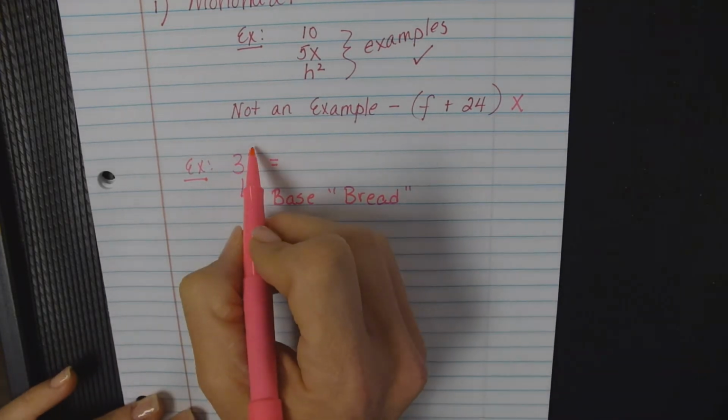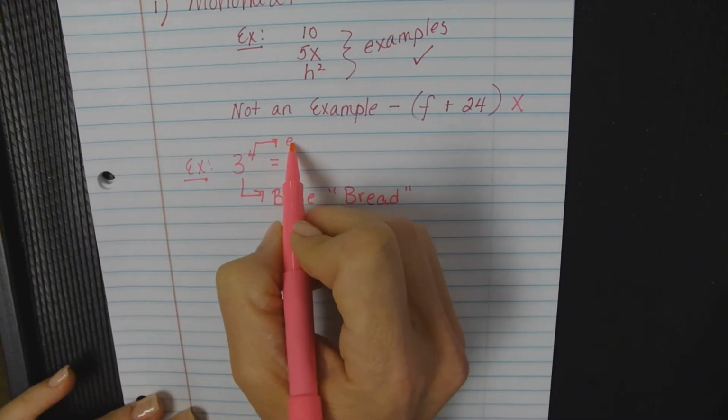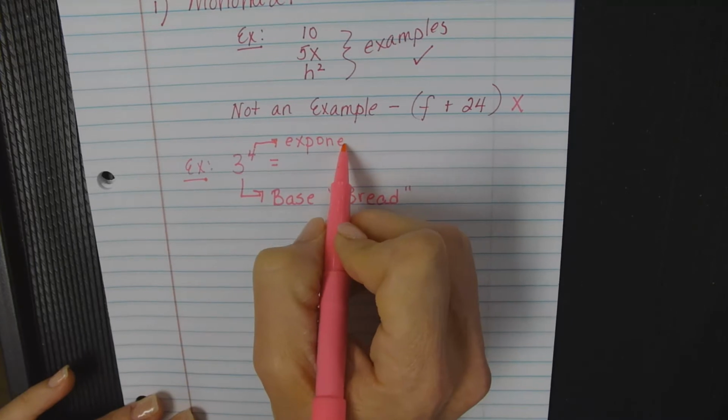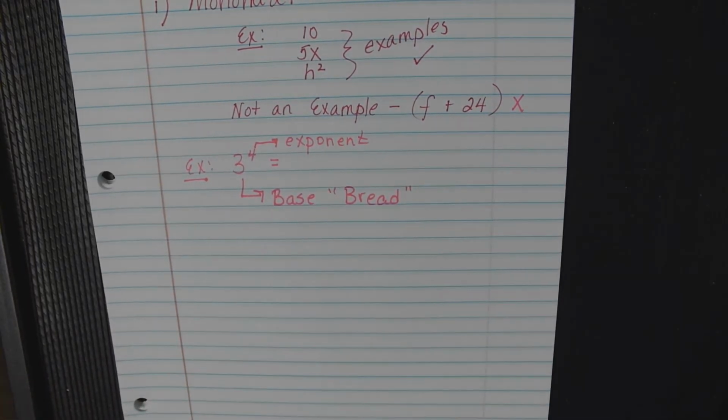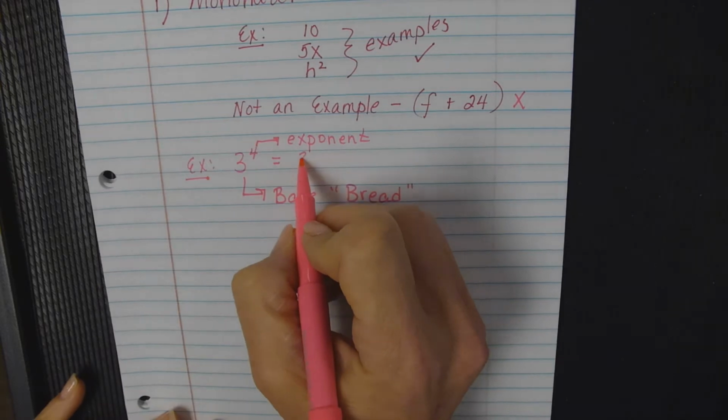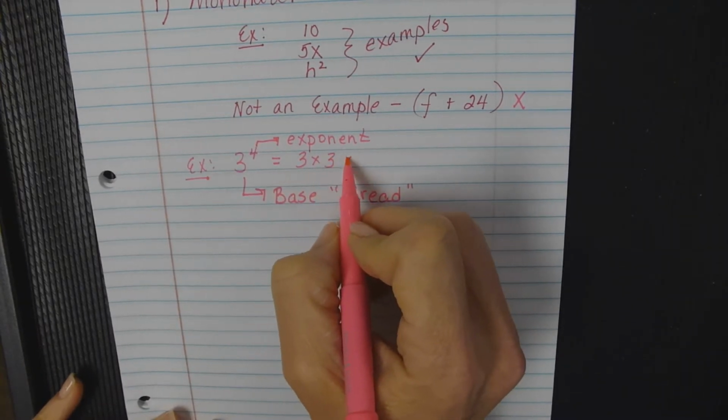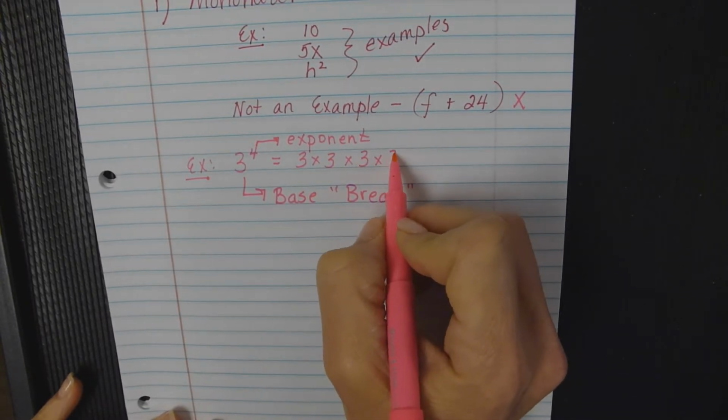And the number 4 is known as our exponent. Someone tell me in their own words, what does this mean mathematically? 3 to the 4th power is 3 times itself 4 times. 3 times 3 times 3 times 3.